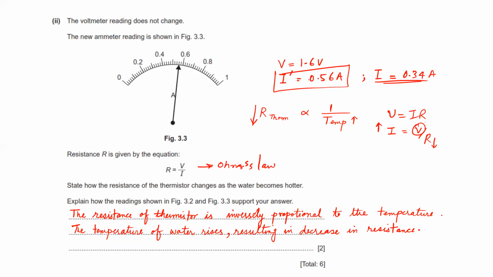So what we have seen from these measurements is that my value of I has increased and my voltage has remained constant. It means that my R has decreased. So we can also write it that temperature of water rises, resulting in decreased resistance.